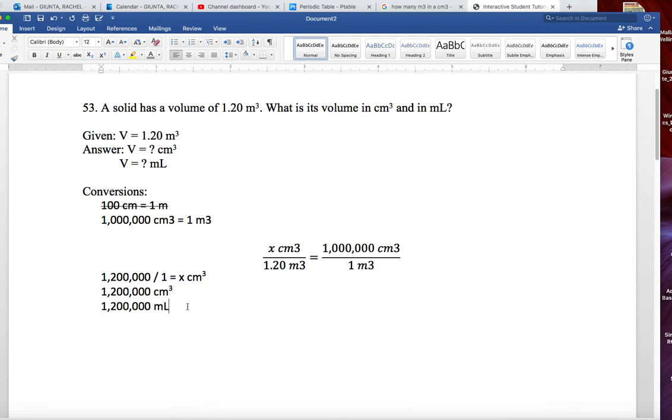And then for milliliters, ml, and it should not matter anyway. I think if the L is capital or lowercase, so just put in ml whichever way. You can have either a space here or not. It shouldn't matter.